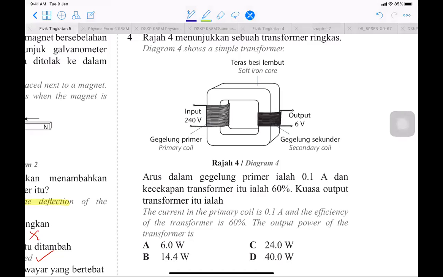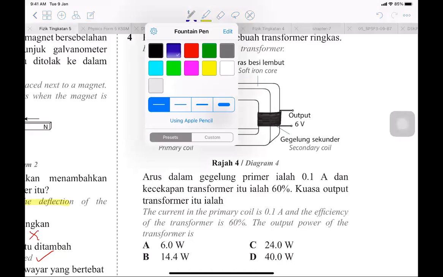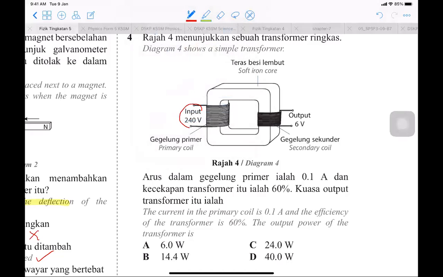The output power of the transformer is, so we have here the information given in the question: input voltage 240 volts. So this one is VP. And you are also given the output voltage, which is 6 volt. So this one is secondary voltage, VS.